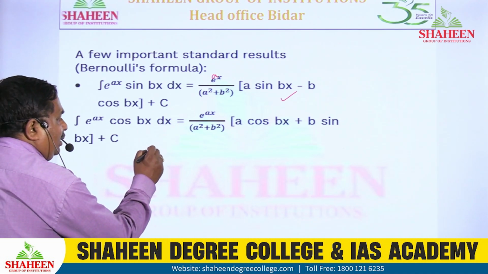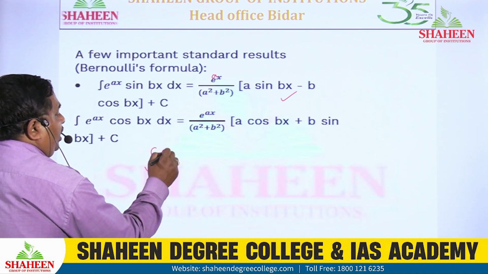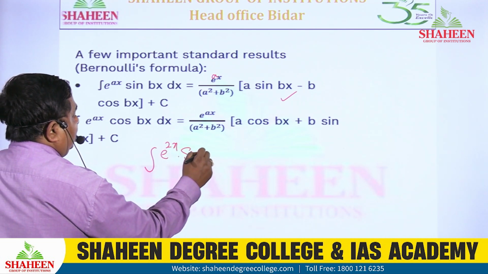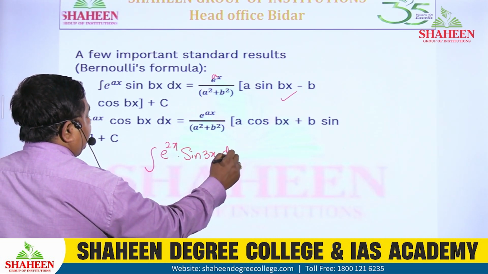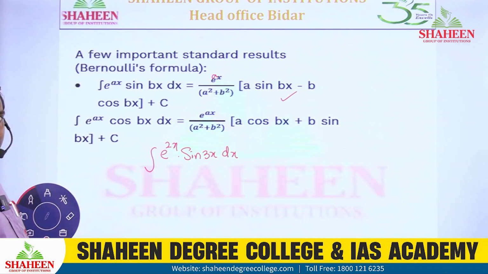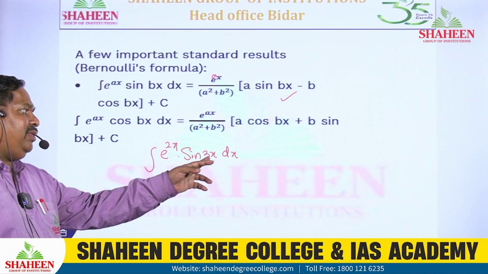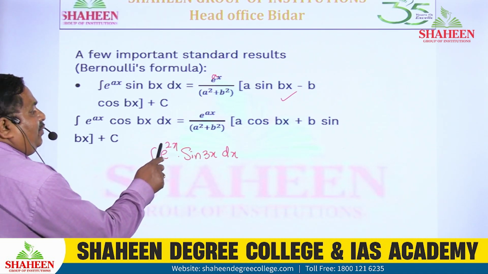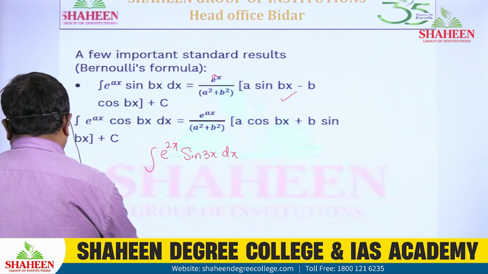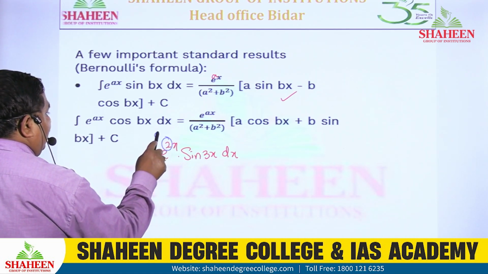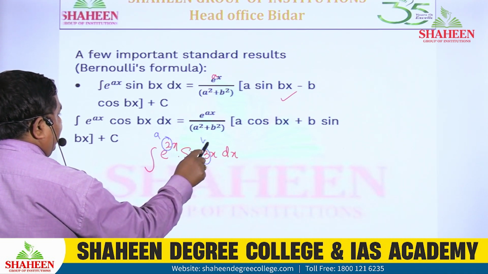For example, take the integration of e power 2x into sine 3x dx. Here the a value is 2 and the b value is 3.